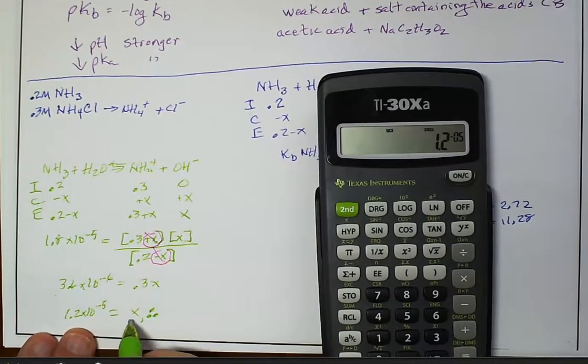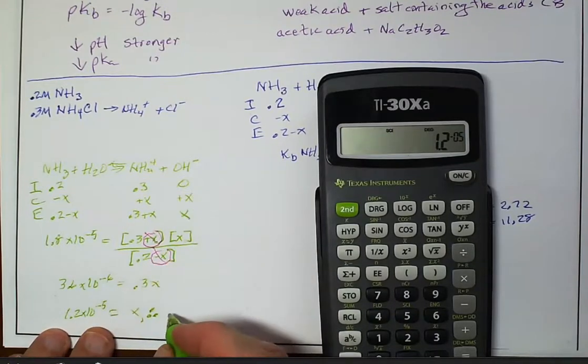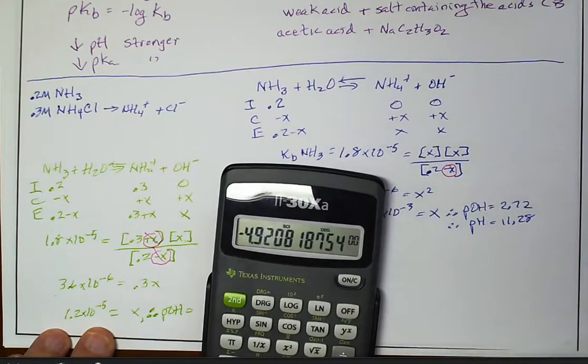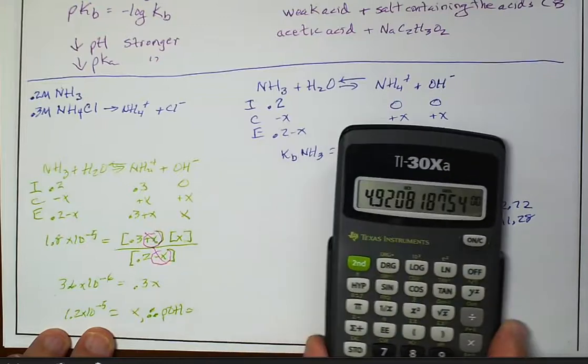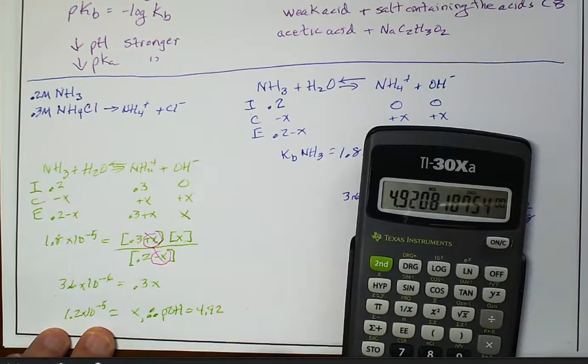All right, 1.2 times 10 to the minus 5th equals x. Therefore, since x represents hydroxide concentration, pOH is the negative log of that, 4.92. And that leaves the pH at 14 minus that, so 9.08.